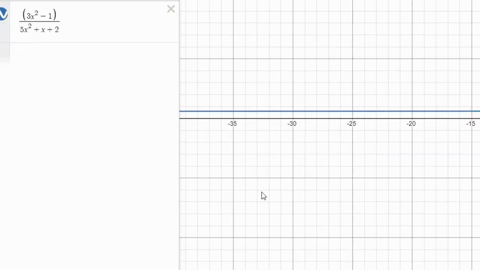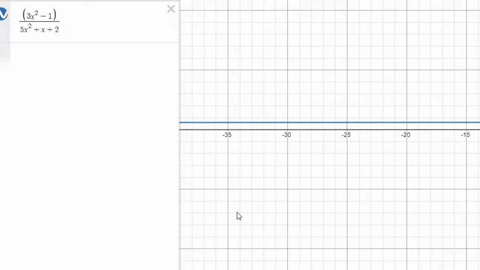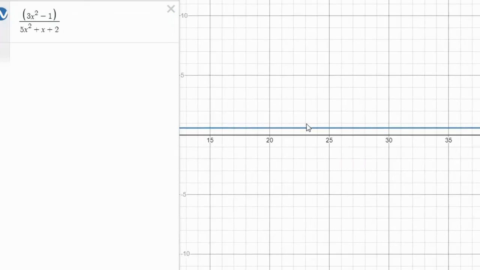But as we go this way, it's coming down closer to 0.602, 0.6022, 0.601 when we get there. So it's getting closer and closer to 0.6, which is 3/5. On the right side, 0.594, 0.595, 0.596.